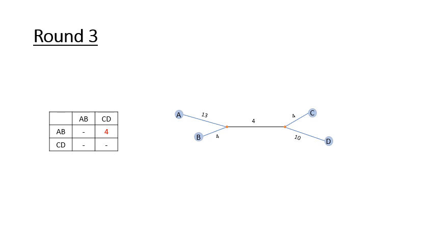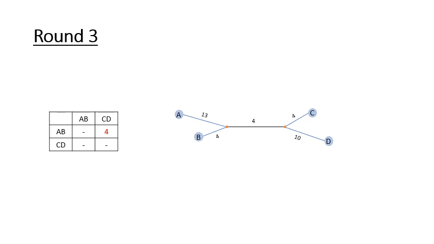Okay, so the distance between A, B to C, D is 4. You can join the two. Remember that in previous slides we joined together C and D, and then we joined together A and B, and now you can join A, B to C, D with a branch that has a length of 4. Okay, so now you have your unrooted tree, the whole tree is resolved, and we'll stop here.